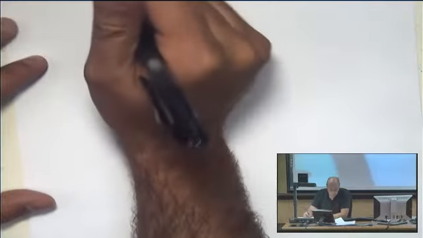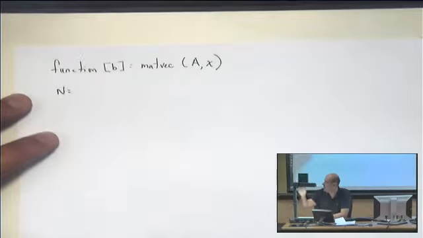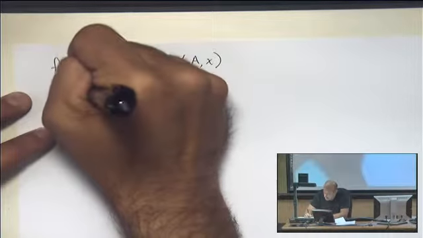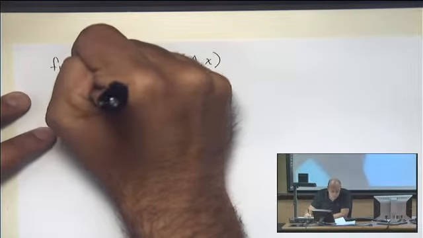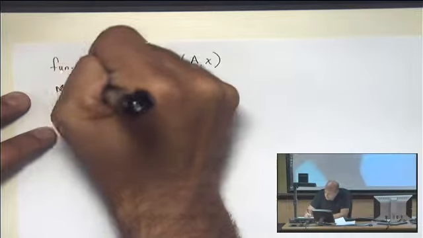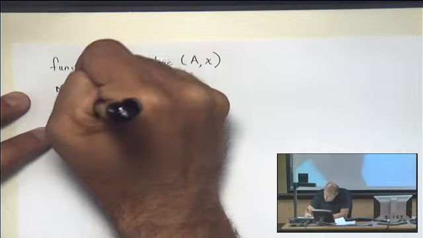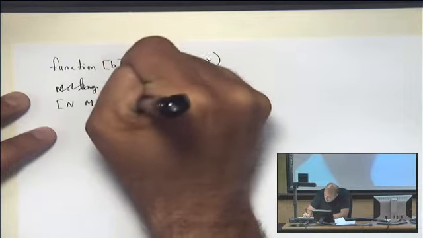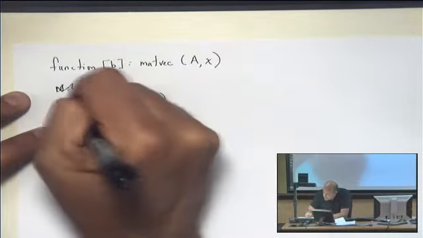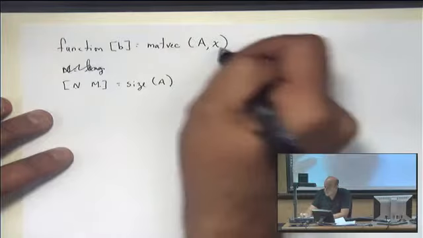Let me just do that. I've got to define what n is first. N is going to be the length of x. Oh, no, I'm sorry, that's not true. n and m are going to be the size of A. A has n rows and m columns, so m is going to be the length of x.